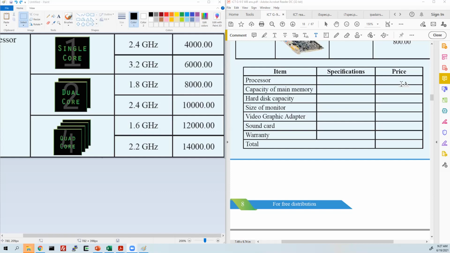So first of all, you need to decide on the processor that you are going to have, right? The specification means you have to first select whether you are going to use single core, dual core, or quad core. First select the type, then select the speed. So when you select the type and the speed, you get a price.